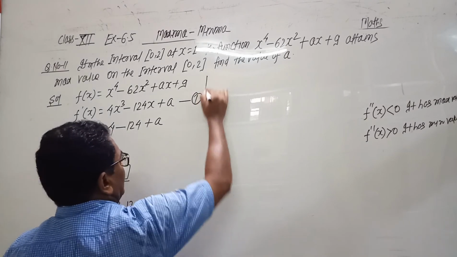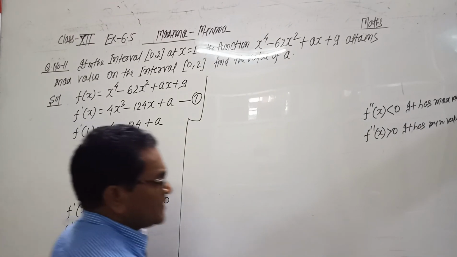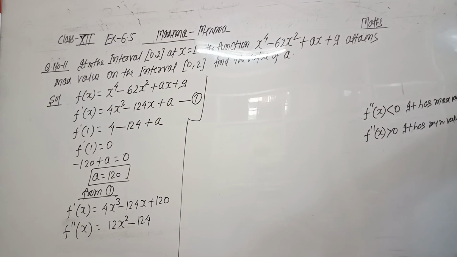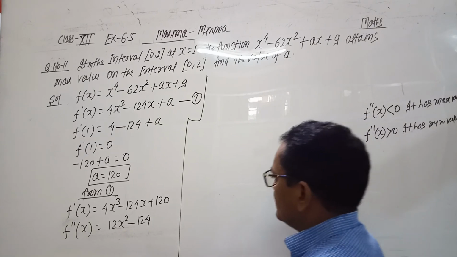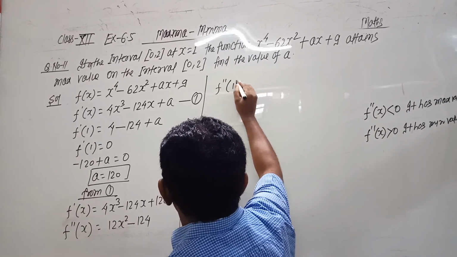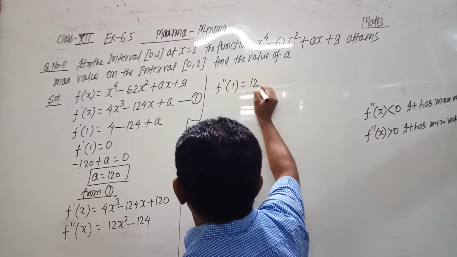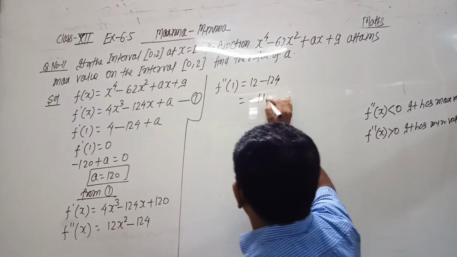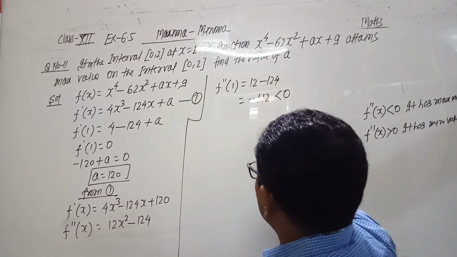In the question it is given that at x equals 1, the function attains maximum value. So we put x equals 1. f double dash 1 equals 12 minus 124, which is minus 112, which is less than 0.